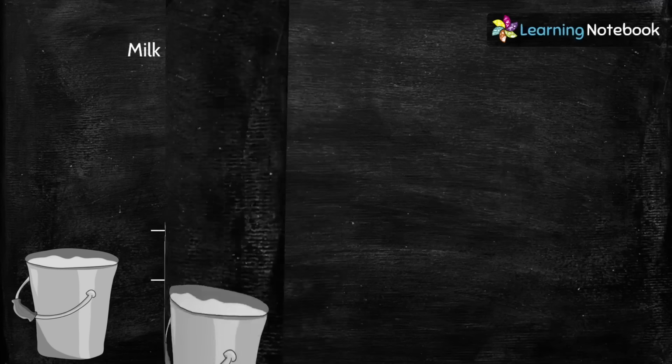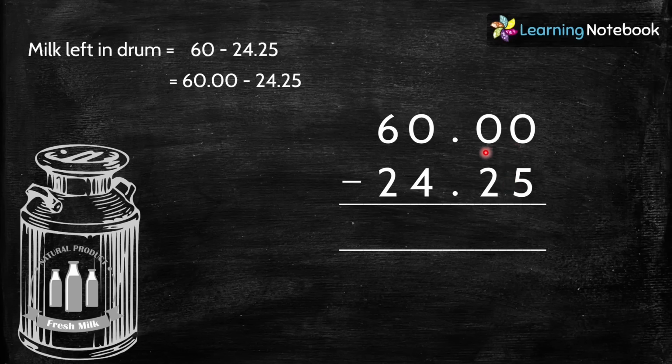Now let's subtract them, write them in columns. First we will subtract the decimal part, but 0 is smaller than 5. So 0 borrows from 6. Therefore 6 becomes 5 and we keep on borrowing.